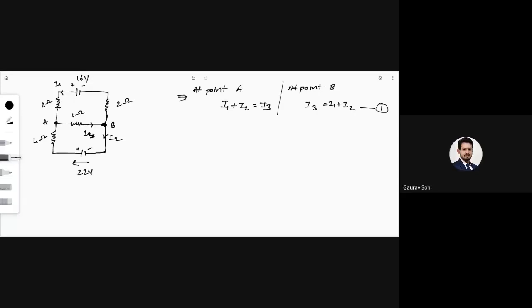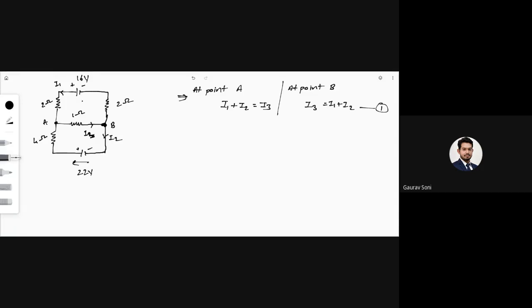I into R. Okay. So voltage drop across a resistor is equal to I into R. So now what we have to do is we have to consider a loop. The law is like this. In a closed loop, the total voltage drop across all the resistors is equal to the applied EMF.